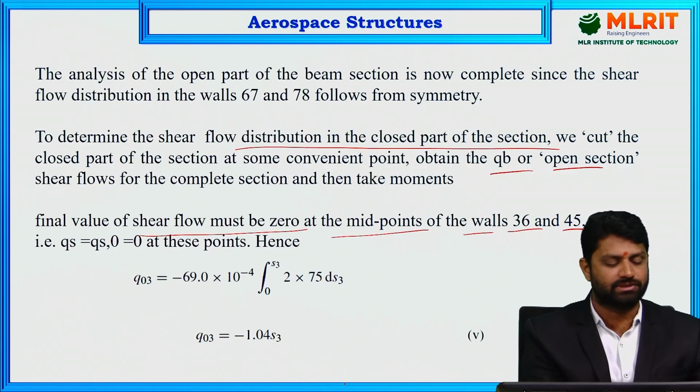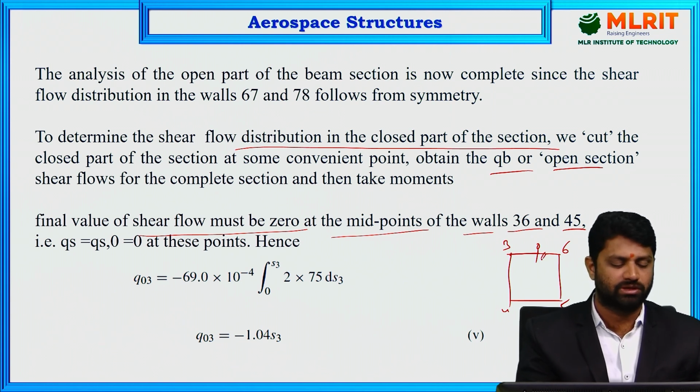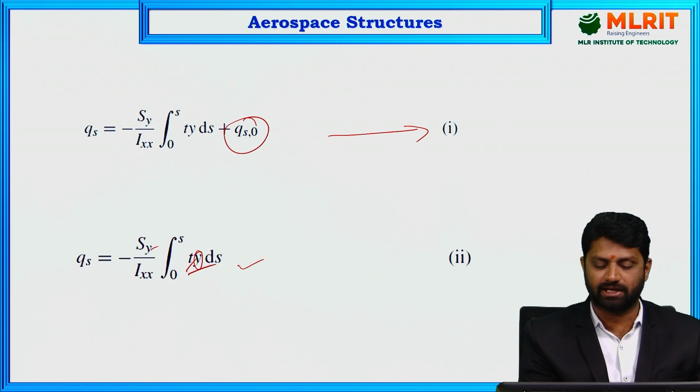Hence now we are cutting the section, trying to calculate Q03, and if you consider a panel like this, this will be 3, and this is 4, 5, 6. So we are trying to calculate Q03 and considering the other wall is open. So therefore it becomes Q03 equals to minus 69 into 10 power minus 4 integral 0 to S3, and you can consider the distribution as shown in the diagram.